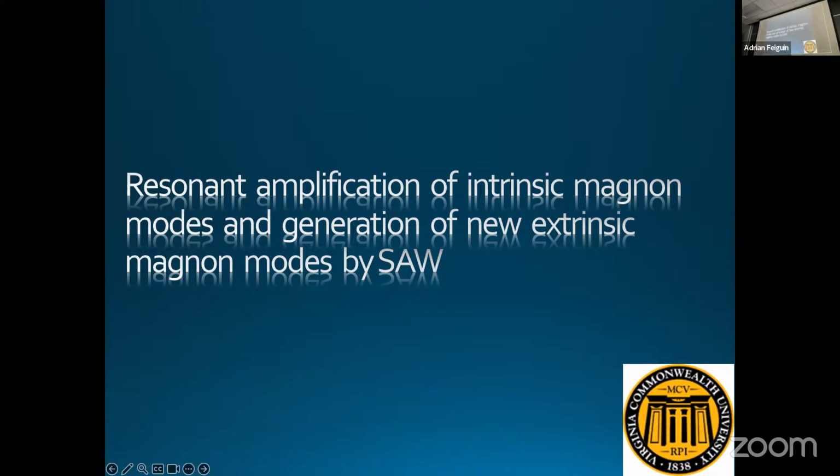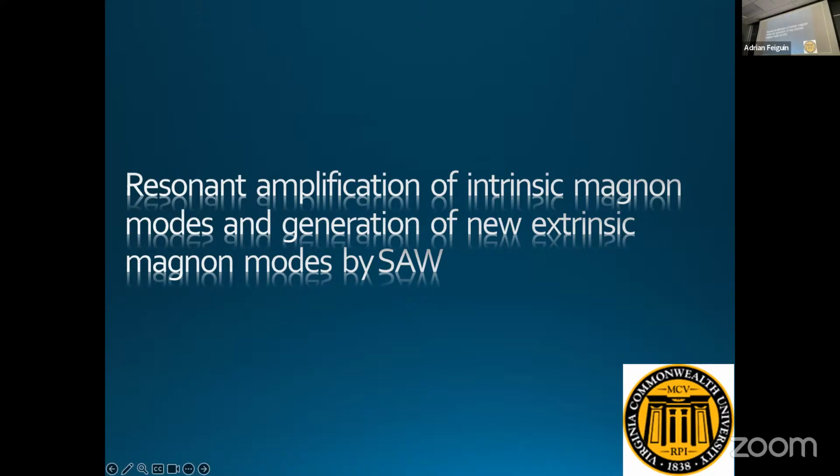So what happens is, if you launch a SAW at one of the intrinsic frequencies, that mode is amplified because the SAW power gets transferred to that mode, and that mode goes up in amplitude. And if you launch a SAW at a completely different frequency that does not correspond to any of the intrinsic modes, then you will get an additional mode at the launched SAW frequency.